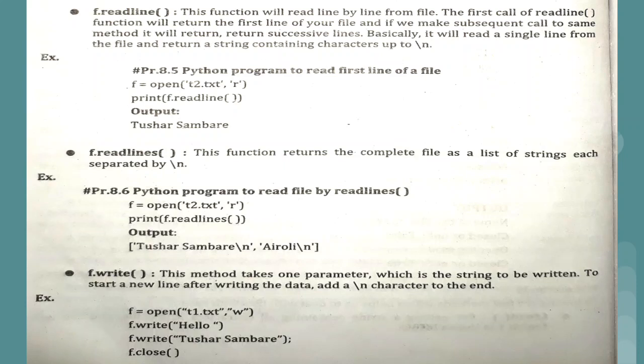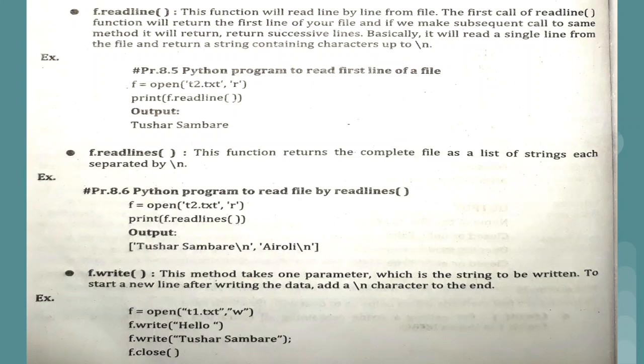That is, Tushar Sambre is the first line, but it is displayed in single quotes. So in the form of a string we are getting the output, and after each and every line we have \n. This character is used just to show the separation of the lines in the output. So this is the use of the readlines method.